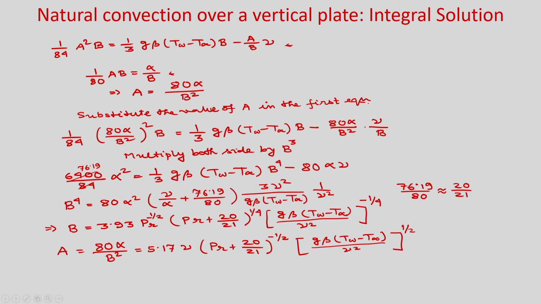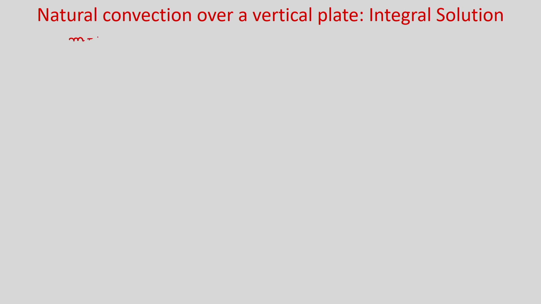So, now you know the value of A and B, m and n. You will be able to write the velocity profile and the boundary layer thickness delta. We have m is equal to half, n is equal to 1 by 4, and the expressions of A and B. So, you will be able to find the velocity V naught as A y to the power m.